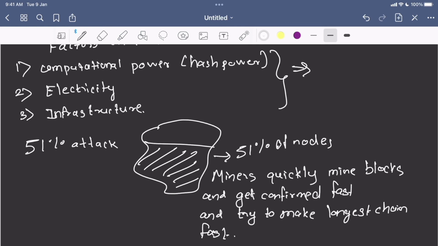Since 51% of the nodes are their own, they will mine the blocks fast and get them confirmed fast, because they have 51% of the voting in their own team, right? And they will try to make the longest chain.